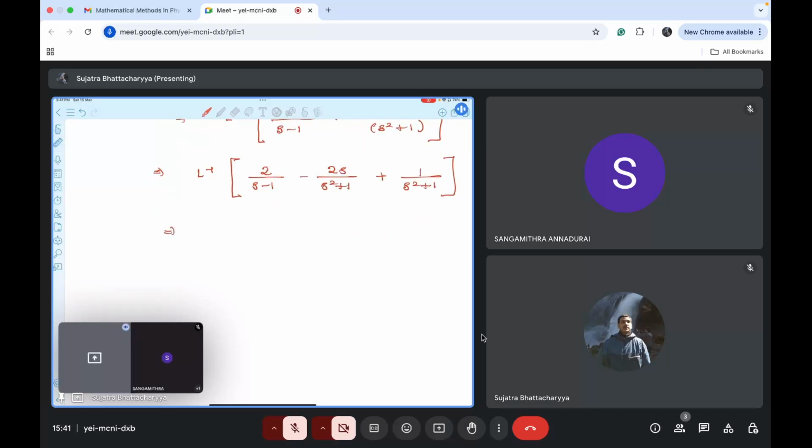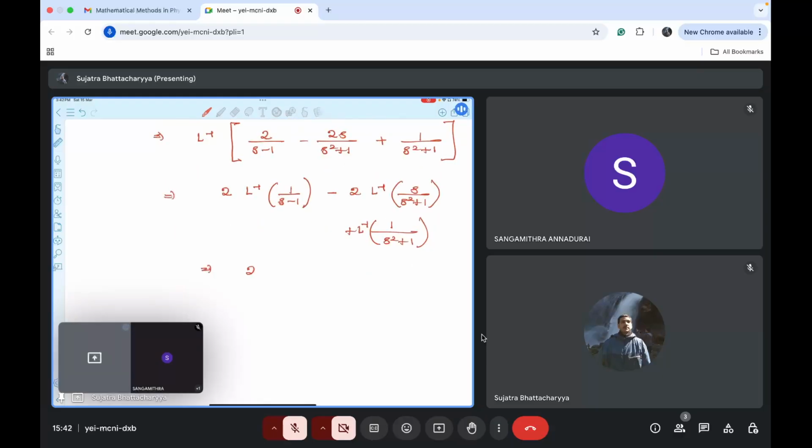Every term you can get the Laplace inverse very easily. How? This is 1 upon s minus 1. So 2 times L inverse of 1 upon s minus 1, easy to find out. Next, minus 2 L inverse of s upon s square plus 1, very easy, cos. Plus L inverse of 1 upon s square plus 1. This is sine.